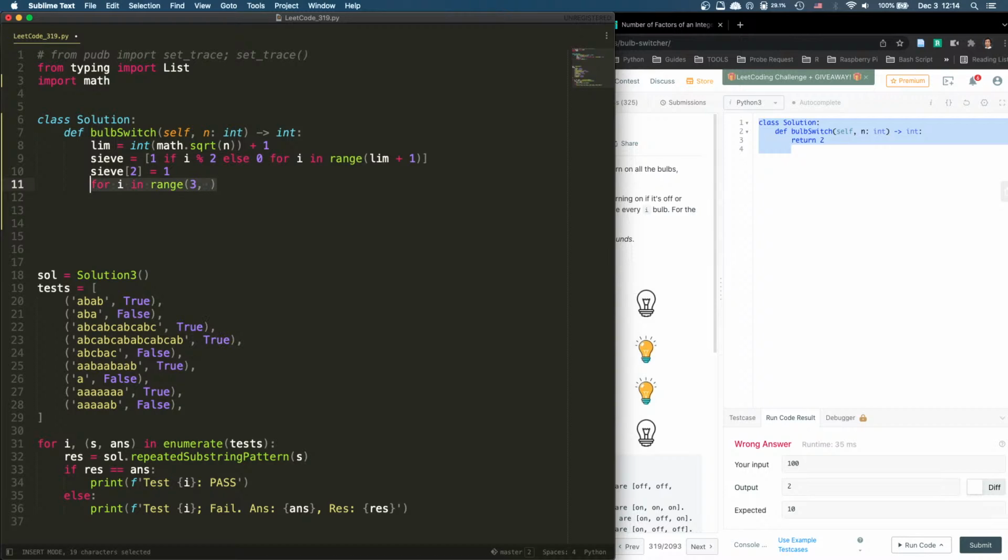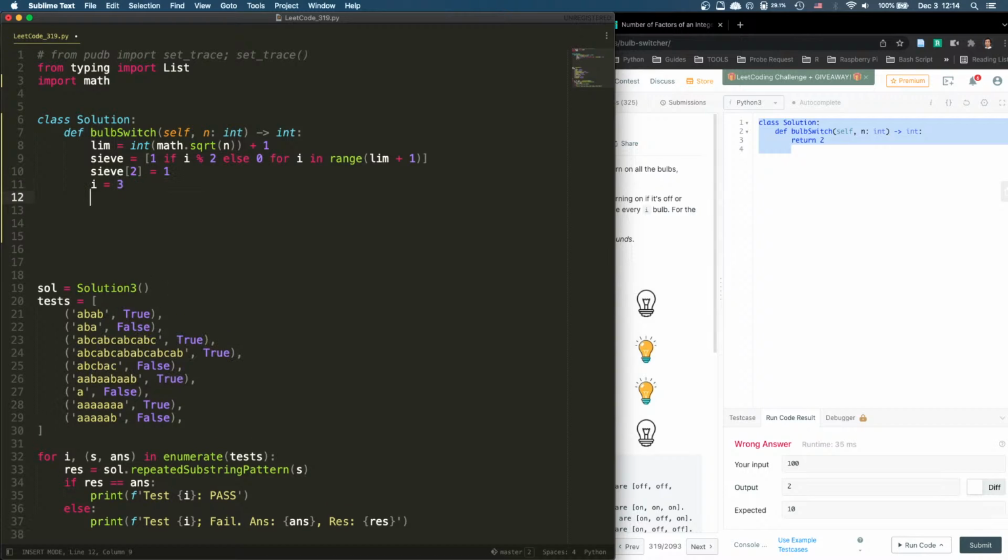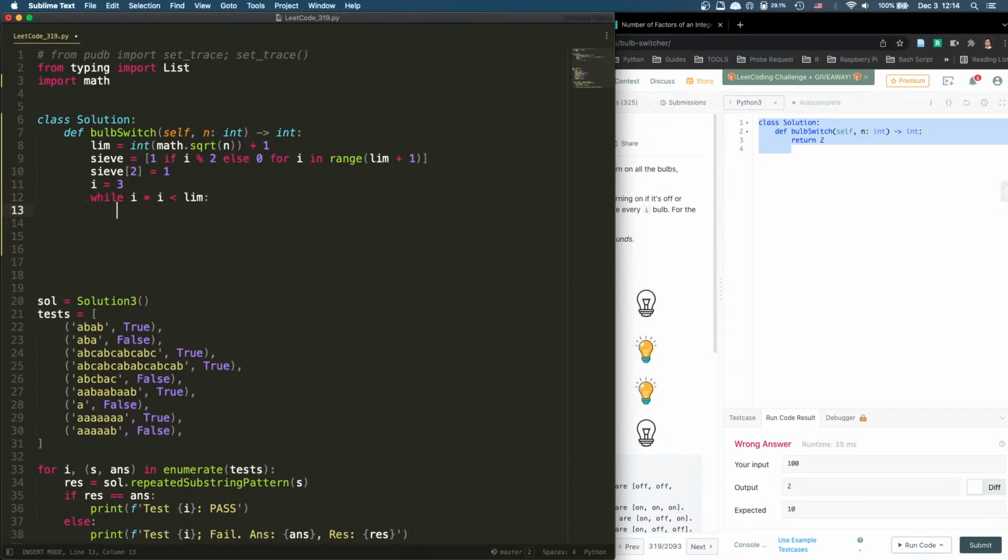Well, why did you do that? I just say i equals 3, right? We say while i squared is smaller than lim, then for j in range i times i, right? And we're gonna always go the same.